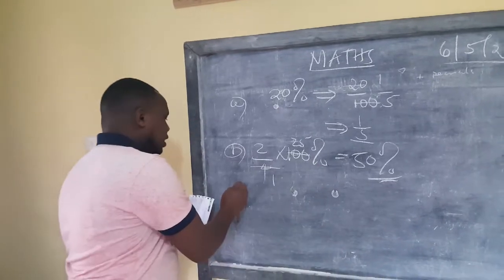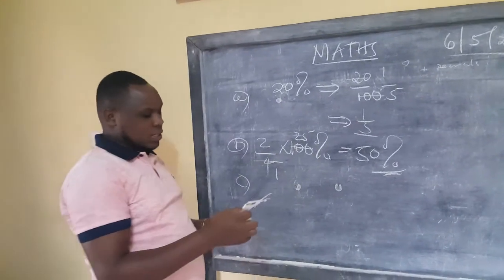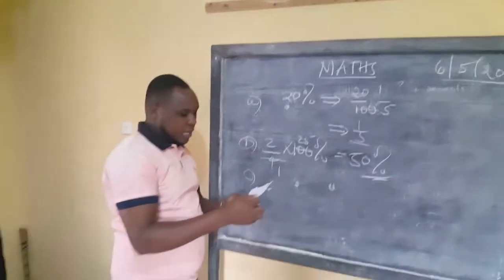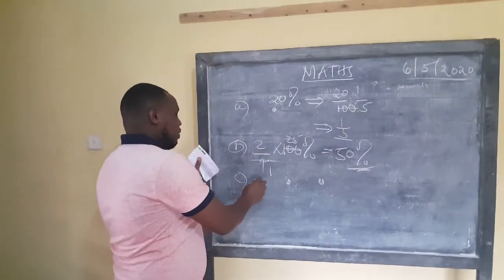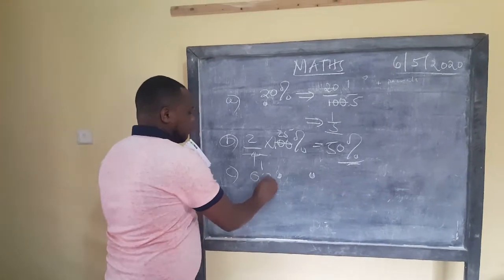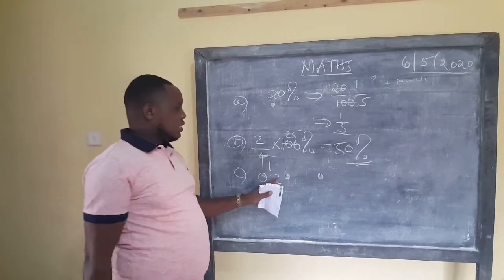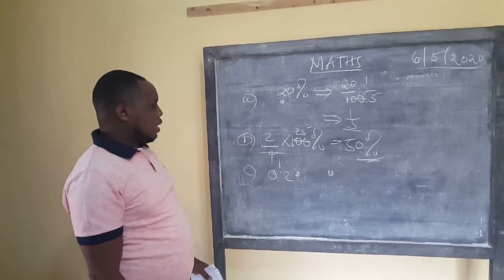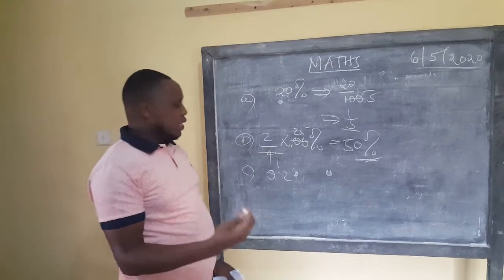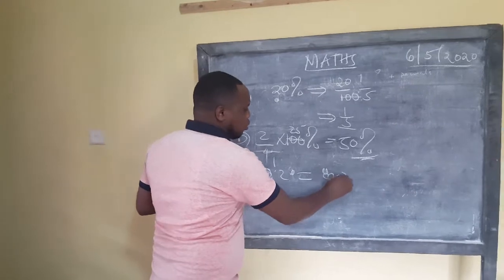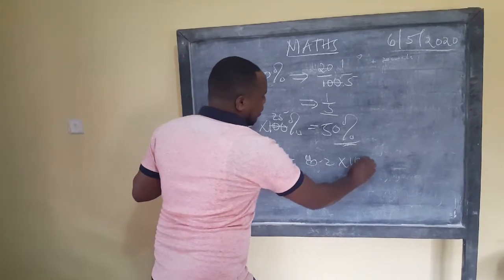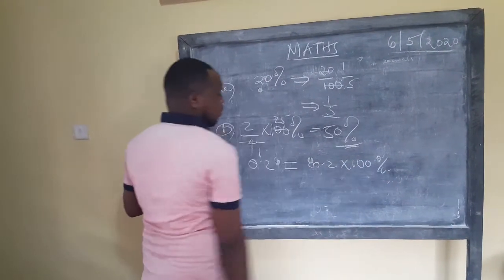And then lastly, we did the conversion of decimals into percentages. A decimal like 0.2 can be converted into a percentage, and there are two ways of doing that. Way number one, you simply take 0.2 and multiply it by 100%.